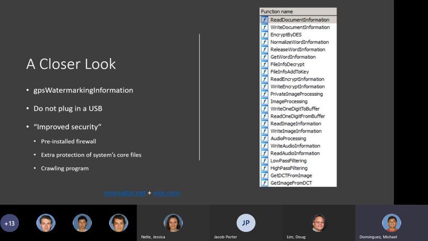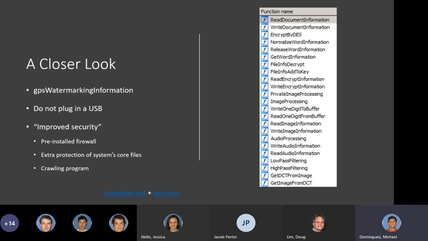Doing a closer look into the operating system itself, they found a binary. This is from insinuator.net, where I got this information. They looked into the binary and found this GPS watermarking information.